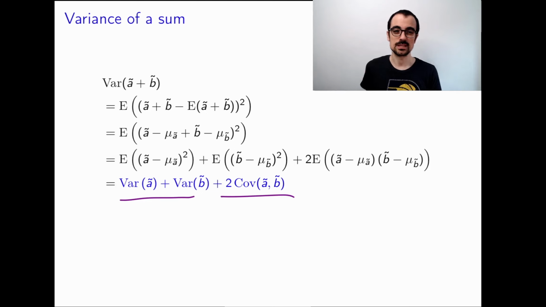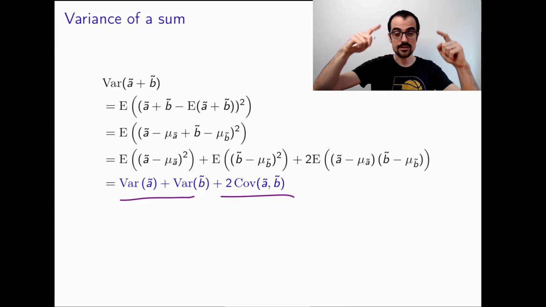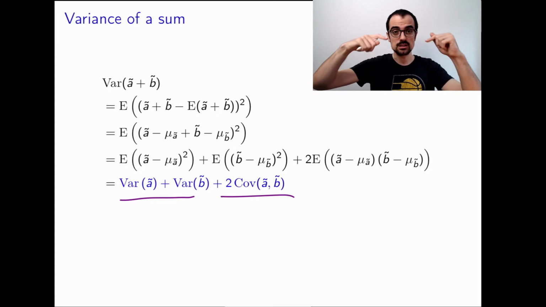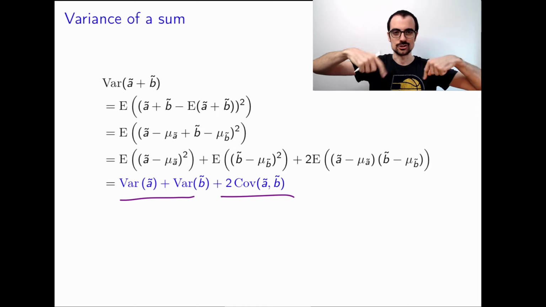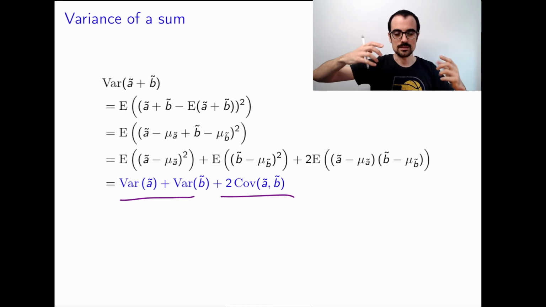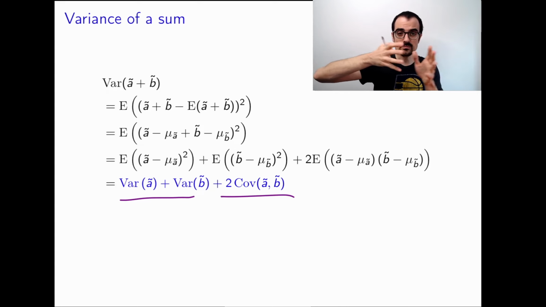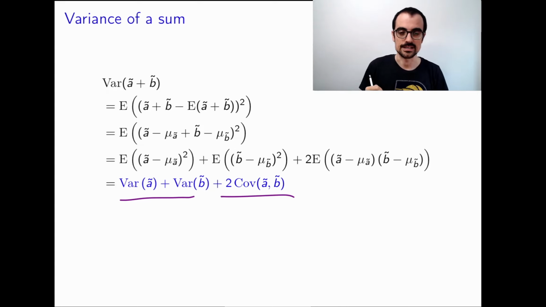This gives you a little bit of an intuition about what the covariance captures. If you think about how two random variables fluctuate together, if the covariance is positive, then they fluctuate together, so that there's constructive interference between them. And when you sum them up together, the variance of the sum is larger than the sum of the variances.